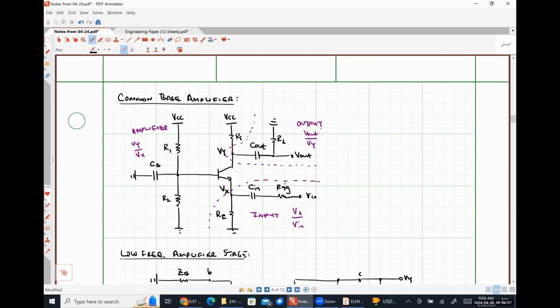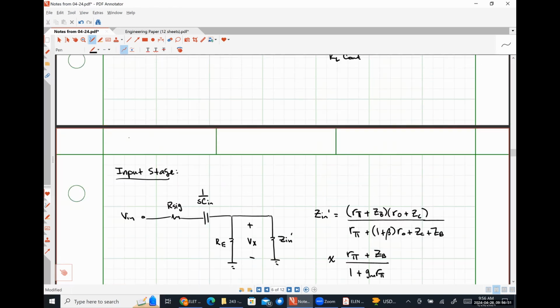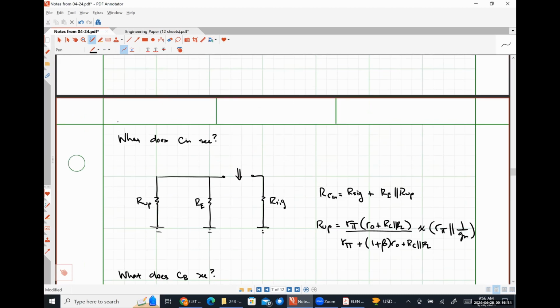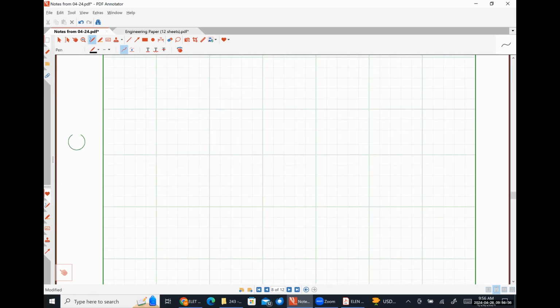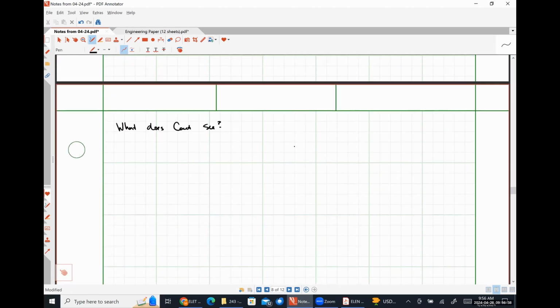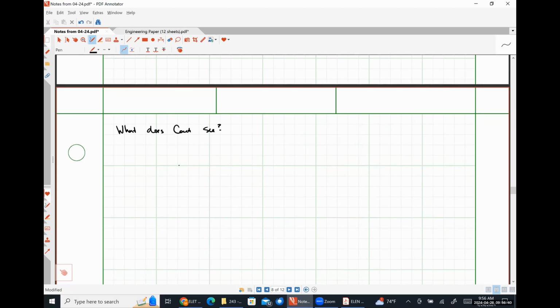All right, so here is our capacitor. Here's RL.